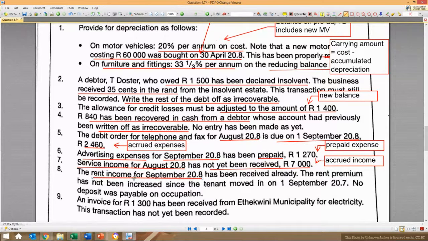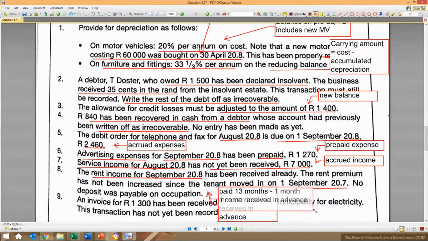They tell you they've moved in on the 1st of September 2007. That means they've been there for an entire year, plus this 1 month they've paid in advance, which means it's 13 months that we have already paid. So we've paid 13 months. If we've already paid 13 months worth of rental income, then 1 month is income received in advance.